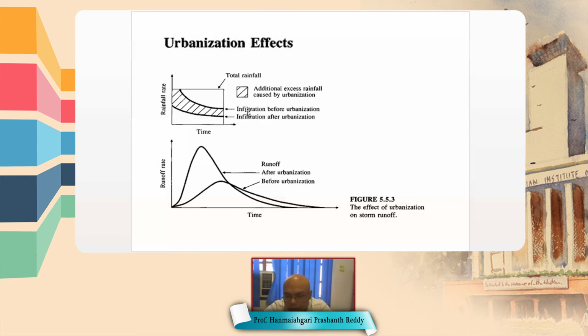Before urbanization, there is a lot more infiltration, but after urbanization, there is less infiltration. This hatched area is the change in infiltration caused by urbanization. So the infiltration decreased due to urbanization.